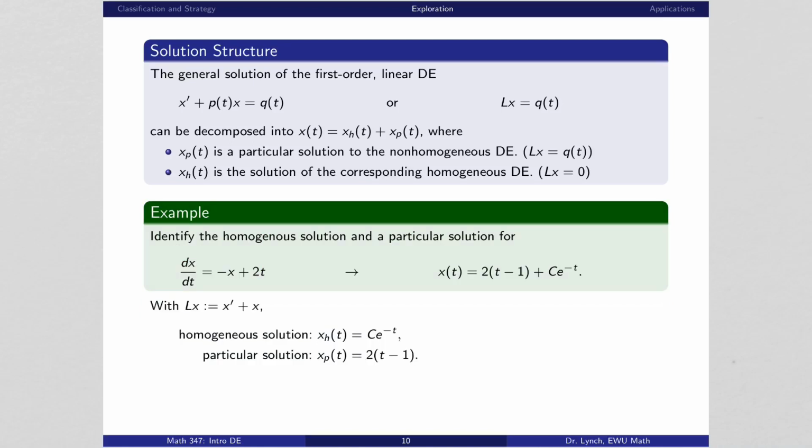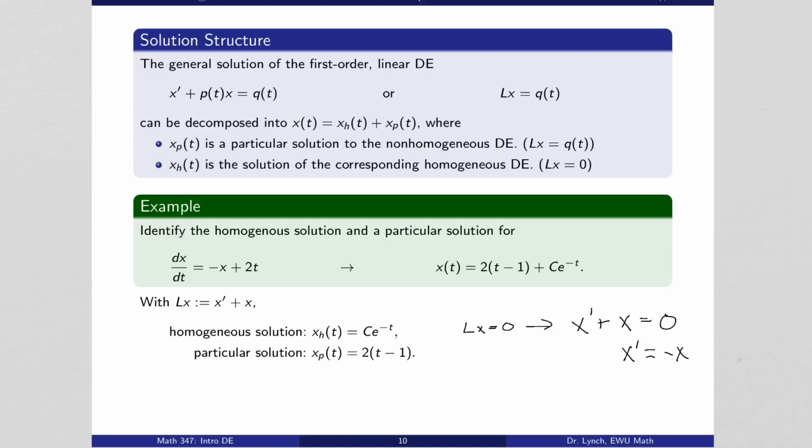In this particular case, we can identify the homogeneous solution and the particular solution for our differential equation, dx/dt equals negative x plus 2t, by starting with the differential operator Lx defined by x prime plus x. We can see that the corresponding homogeneous differential equation would be x prime plus x equals 0.